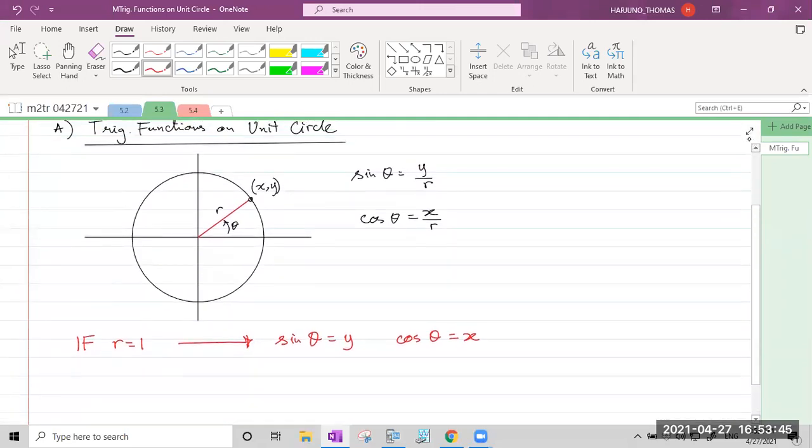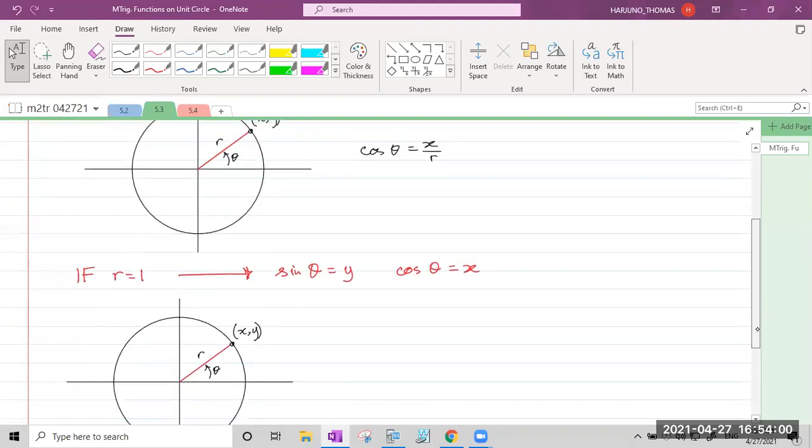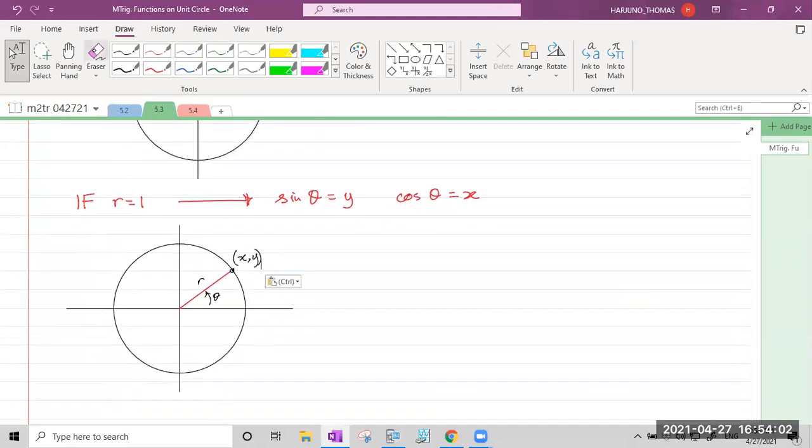Let me copy this down here, but I changed the radius to be 1. Now, what happened then? The coordinate x, y suddenly equals cosine theta, comma, sine theta.